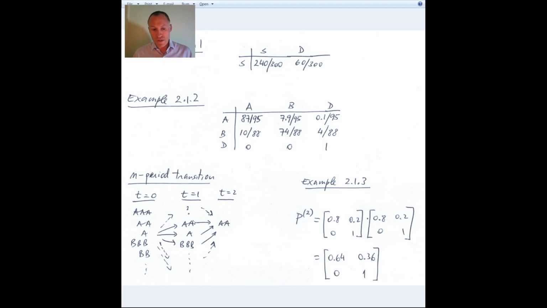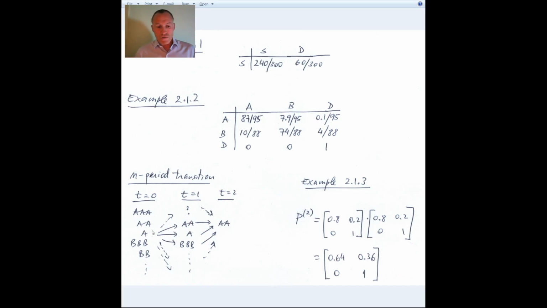There are many ways to get there. For example, I can stay A for the first year and then in the second year go up to double A, or I can go up to double A immediately in the first year and then stay double A, or I can go down in the first year to triple B and then go up a lot in the second year from triple B to double A, and so on, all these possible paths.